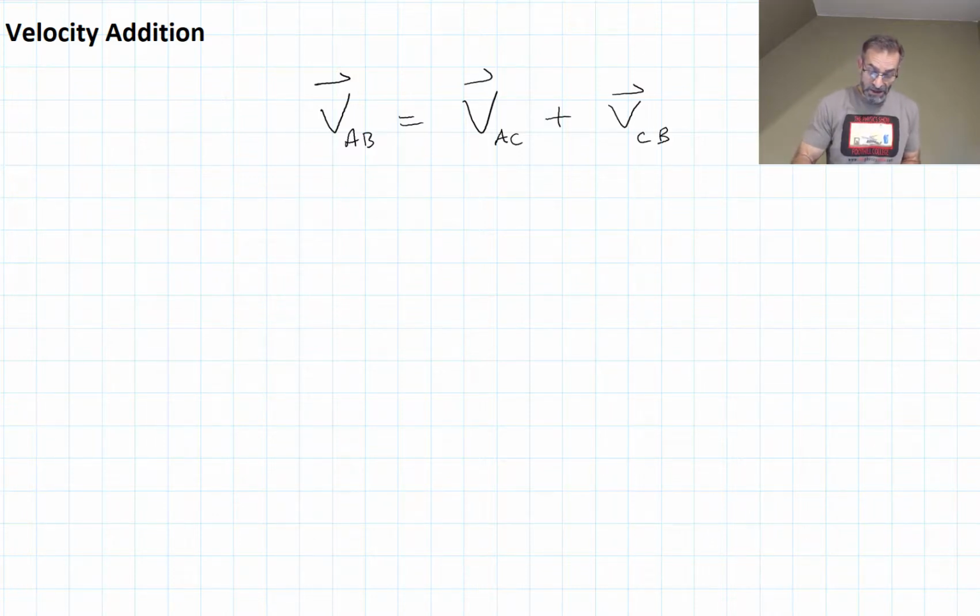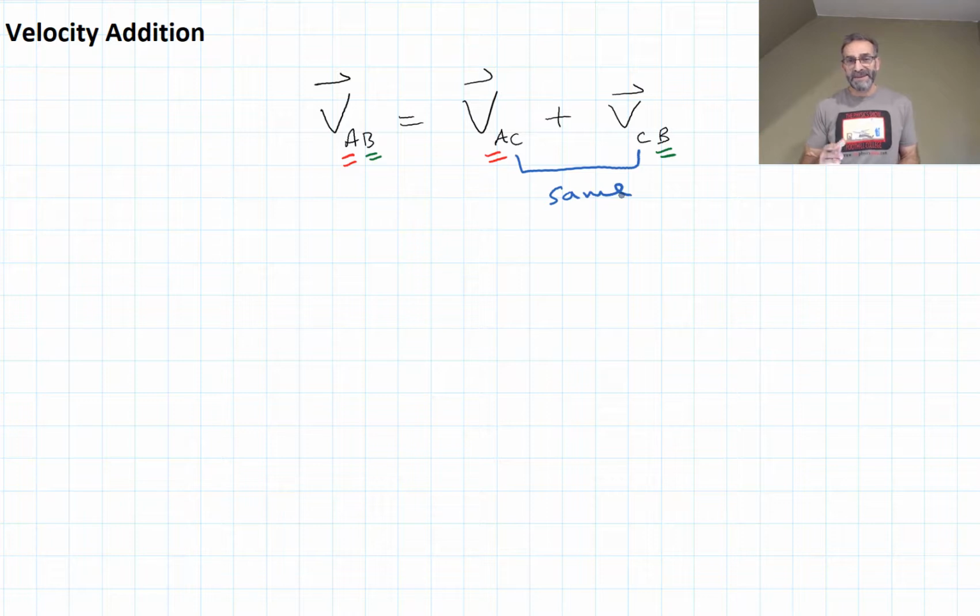A key to using this equation is that the first subscript has to be the same. Velocity of A with respect to B is the velocity of A with respect to C plus the velocity of C with respect to B. The last subscript has to be the same. And the two in the middle have to match.